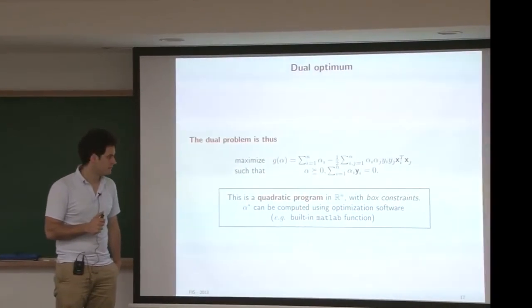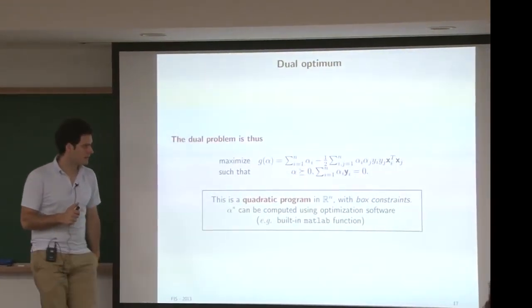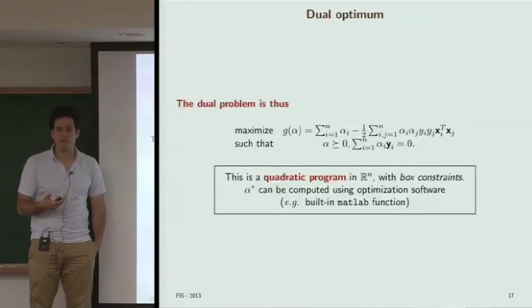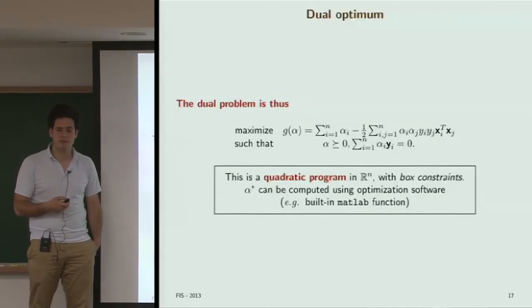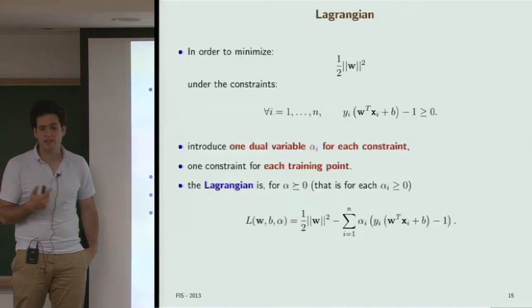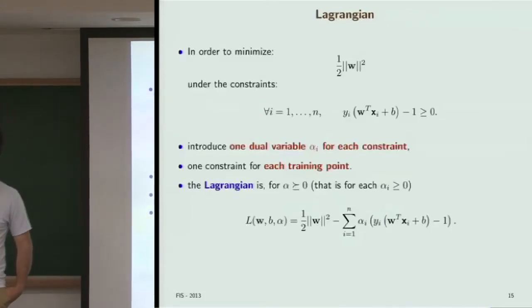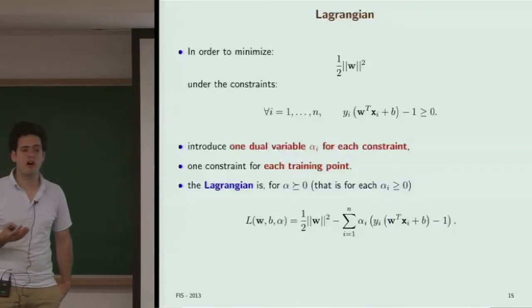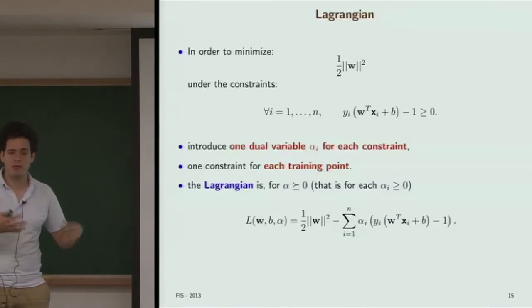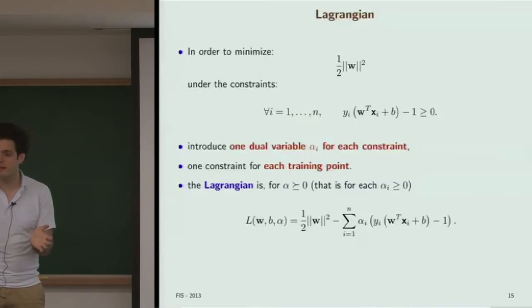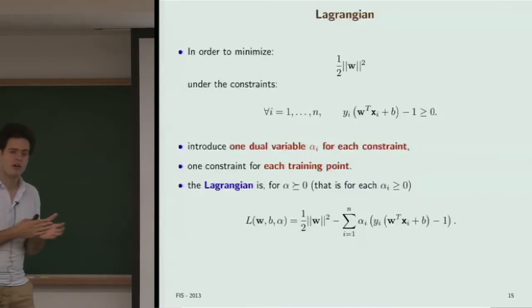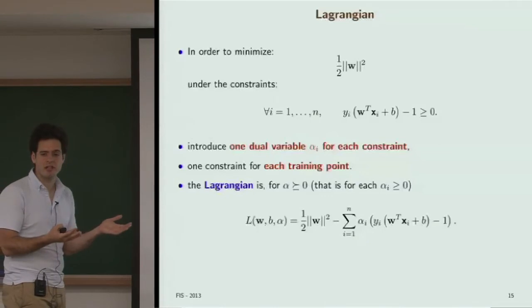And the other big difference is the following. If you remember, in this case we were looking for a vector W. And W was in which dimension? W is a vector of R^d, right? Our points are in d dimensions, so we're looking for a hyperplane, a direction which has the same dimensionality as our points.